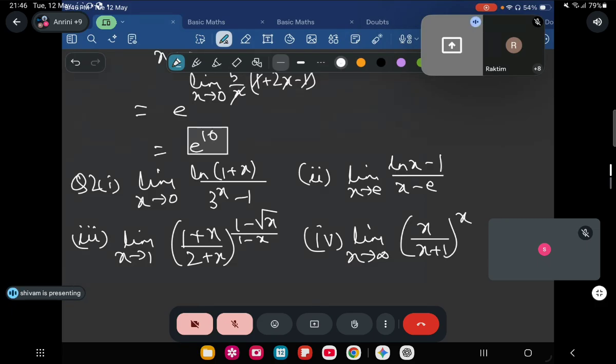This is the answer of which part? Part 2 is correct. Shamita, part 4 is correct.